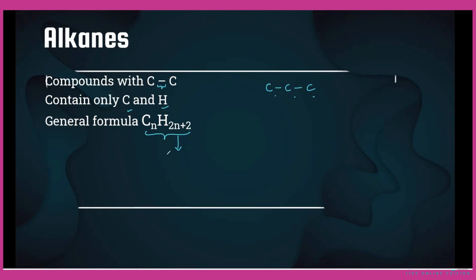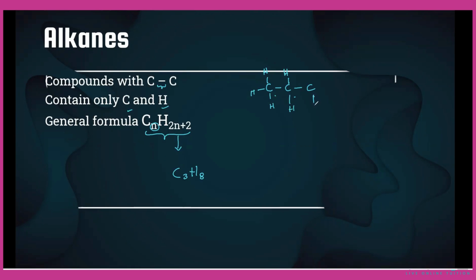If I'm having 3 carbons, and I'm substituting the 3 over here, what I'm going to get for hydrogen is 2 into 3 is 6, 6 plus 2, 8. So if I am drawing the hydrogens, I can see that I already have 3 hydrogens now. This is my 4th hydrogen.